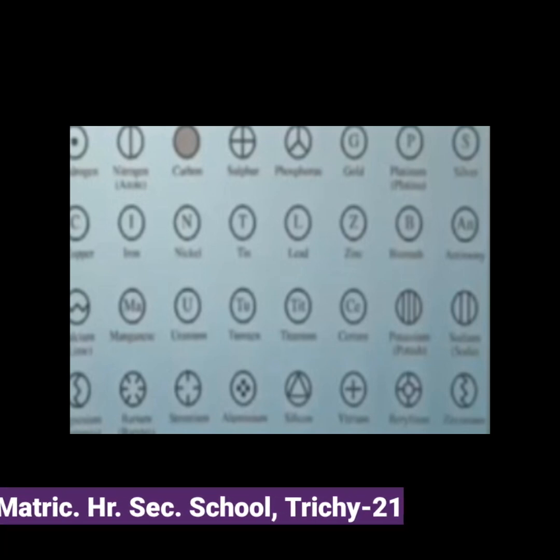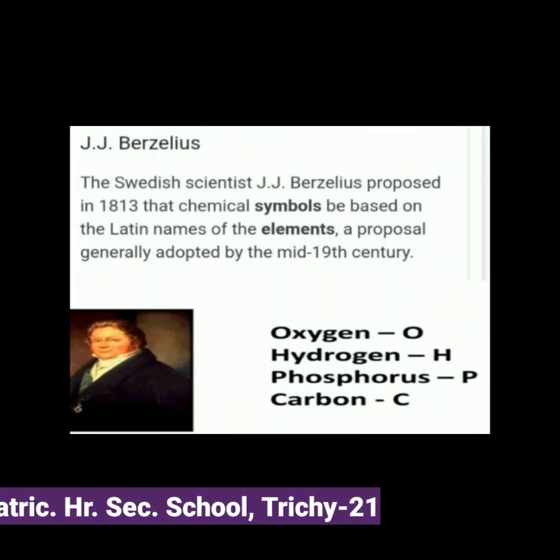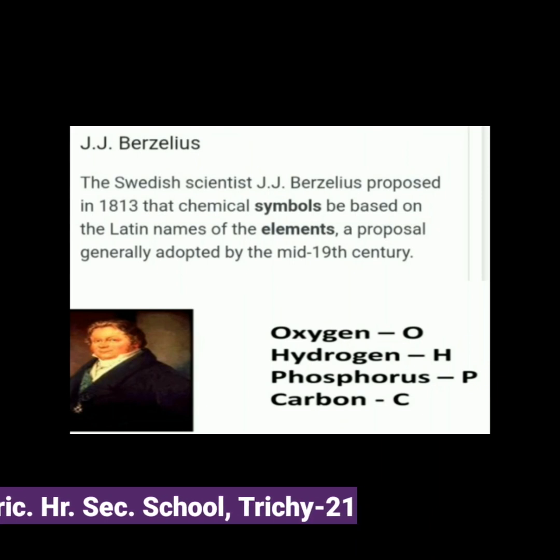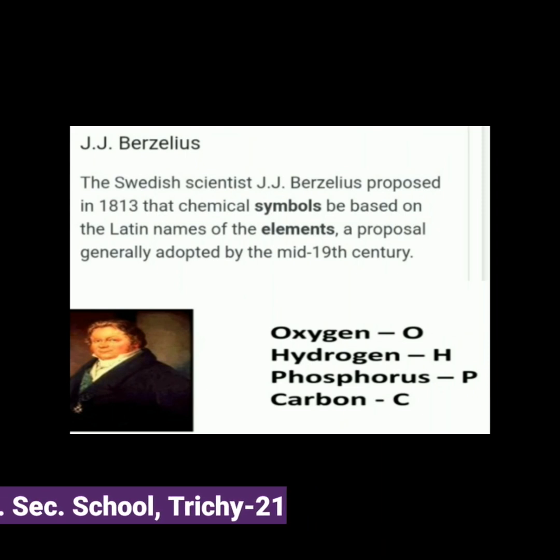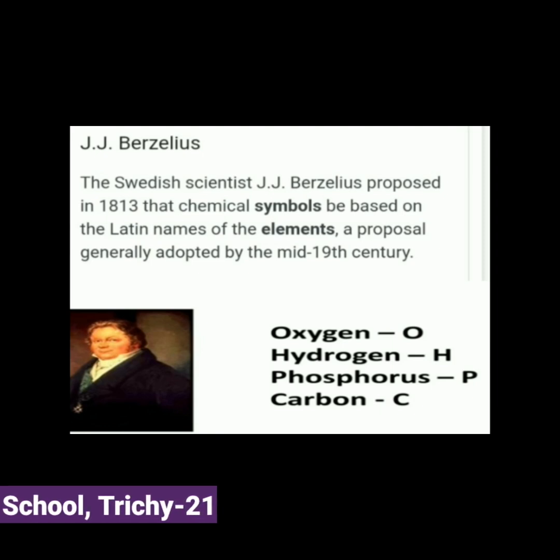So, let us see another way: Berzelius symbols. In 1813, John Jacob Berzelius devised a system using letters of the alphabet. The modified version of the Berzelius system is followed for determining the symbols of the elements.